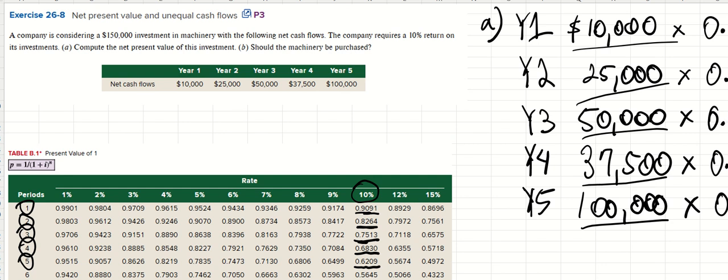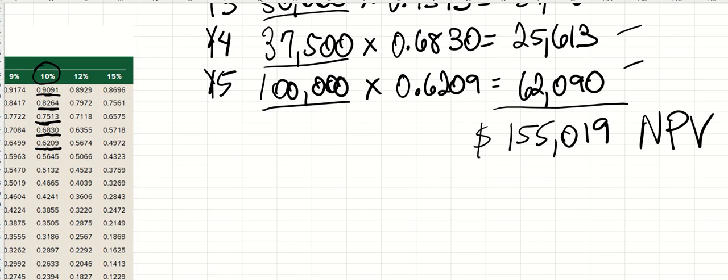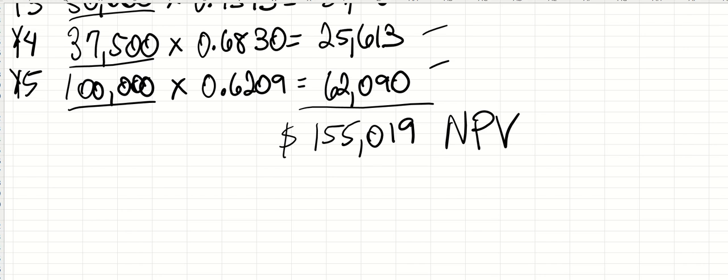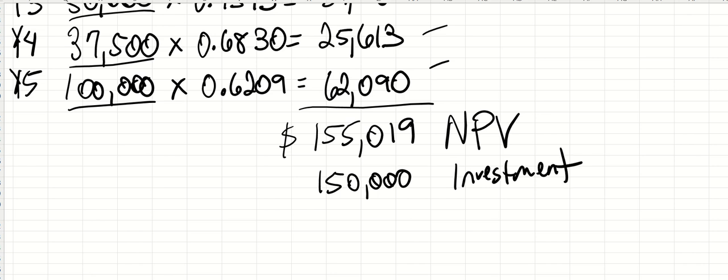And so in this case, the company is considering investing $150,000 in the machine. So we're going to take 150,000. Okay, this is going to be our investment. I'm going to put on here letter B. So this is going to be our investment here.